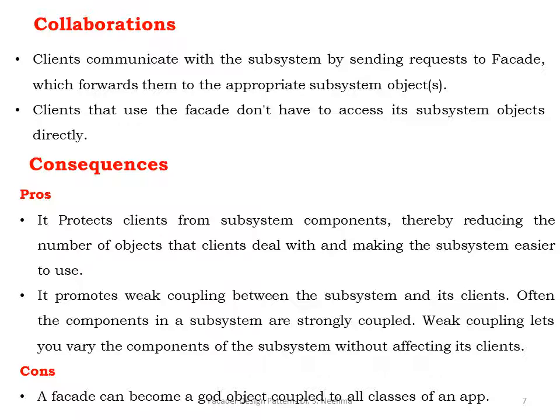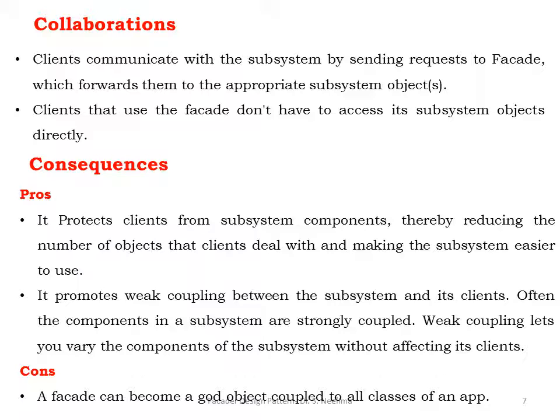Coming to the consequences, the benefits of the facade are: it protects clients from subsystem components, thereby reducing the number of objects that clients deal with and making the subsystem easier to use. It also promotes weak coupling between the subsystem and its clients. Often the objects in a subsystem are strongly coupled, so this weak coupling lets us vary the components of the subsystem without affecting its clients.